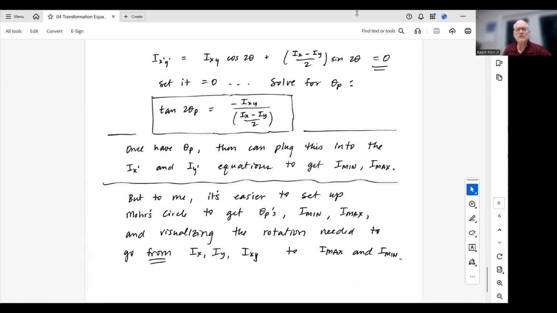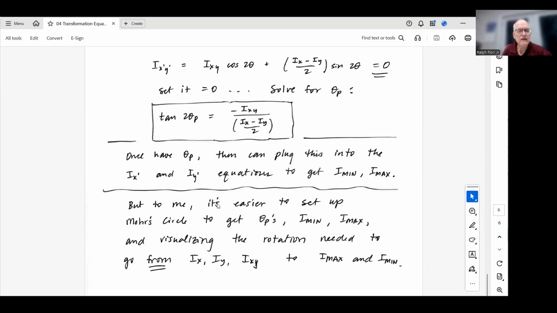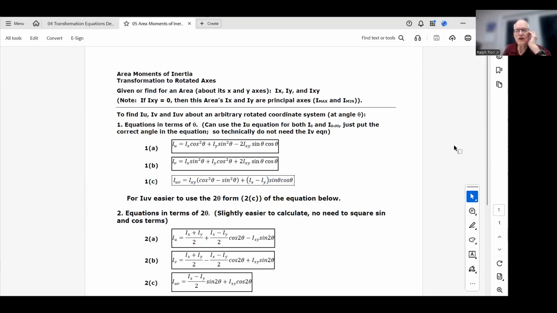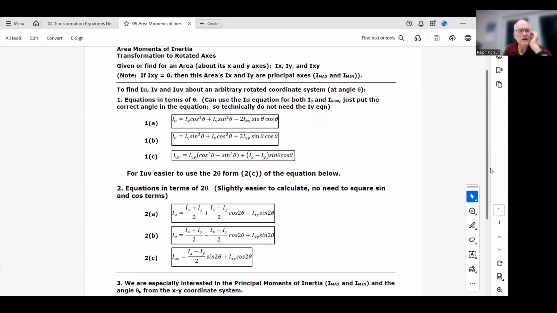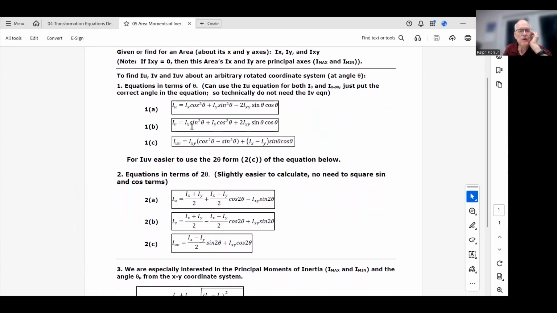The summary of those transformation equations is in your folder. It's on the OneDrive. It's also on the website. So these are the theta equations. These are the 2 theta equations.